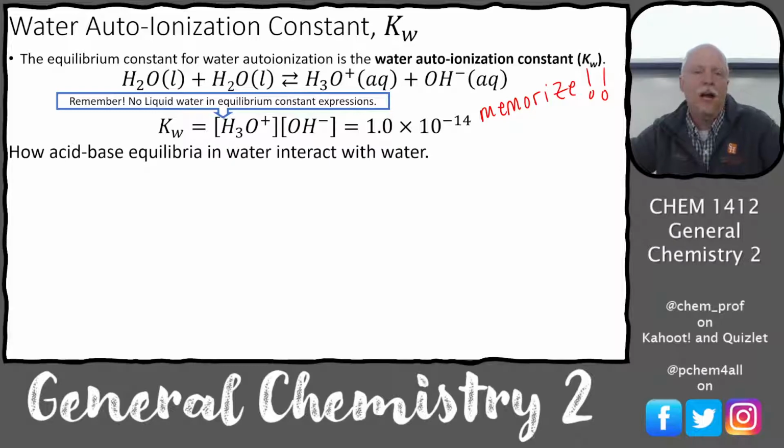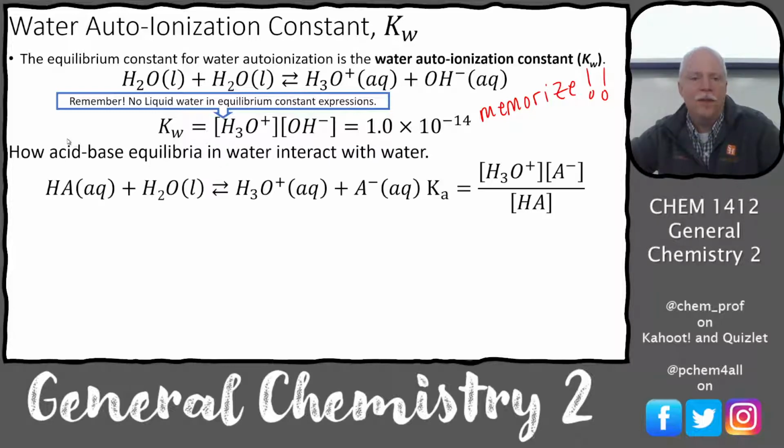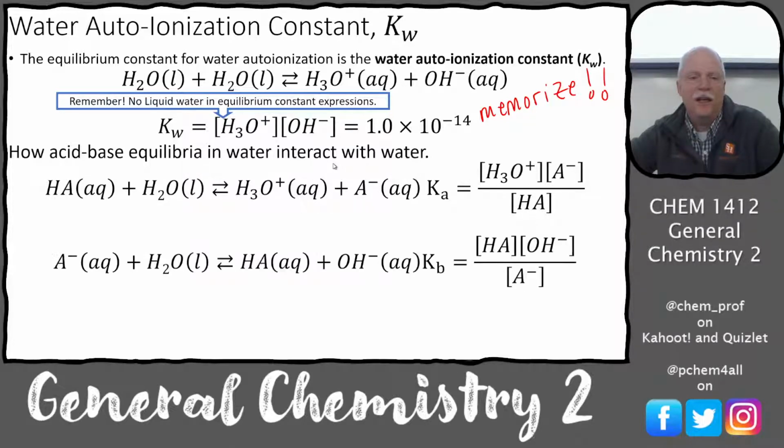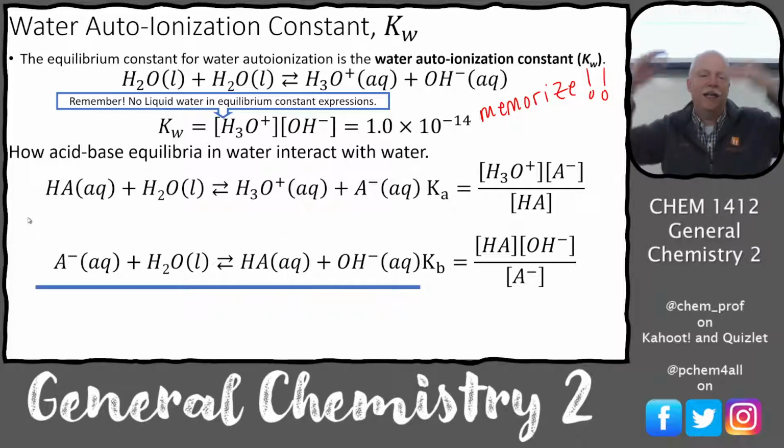Okay. So how acid-base equilibria and water interact. We have this acid interacting with water to make hydronium ion and the acid anion. So here's the Ka. And we have this base interacting with water to produce the acid and hydroxide. What if I were to add these two reactions together?